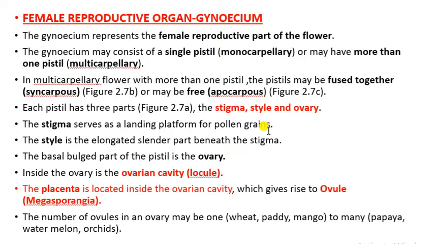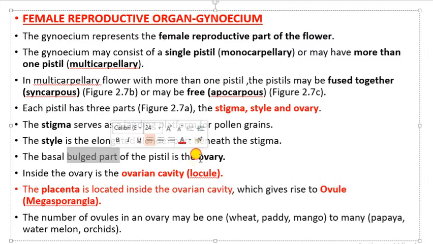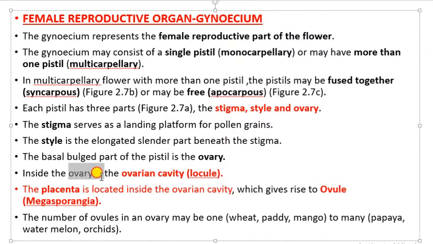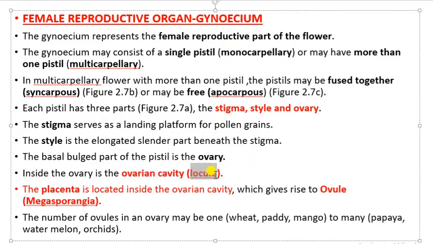Style is a long, slender structure present beneath the stigma, and at the base there is a bulged part known as ovary. Inside the ovary there is an ovarian cavity, which is also known as locule. For us, the ovary is very important.